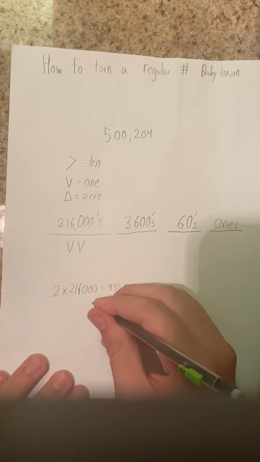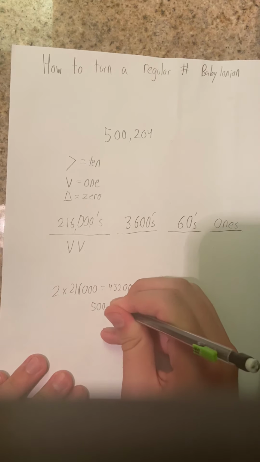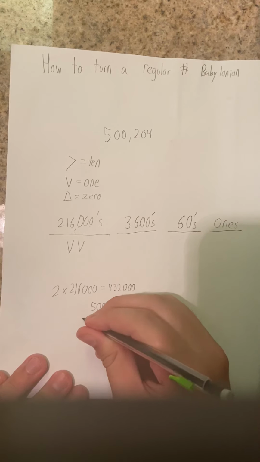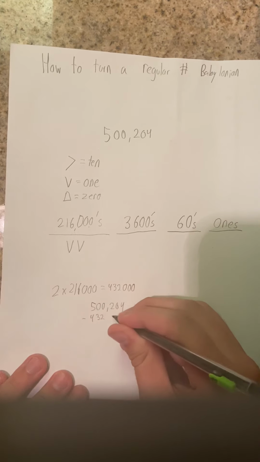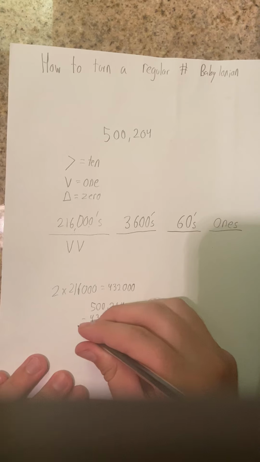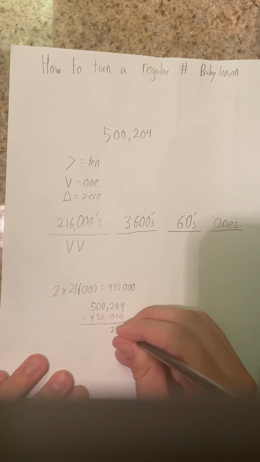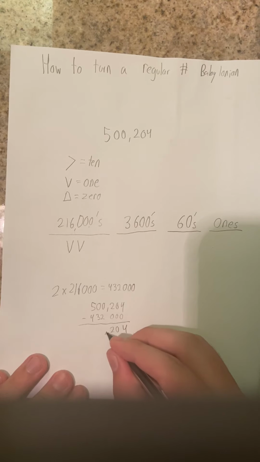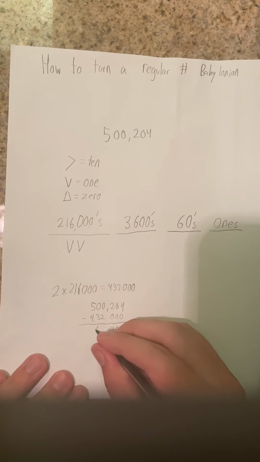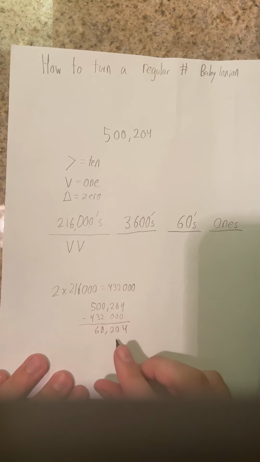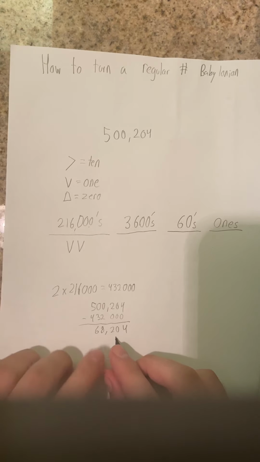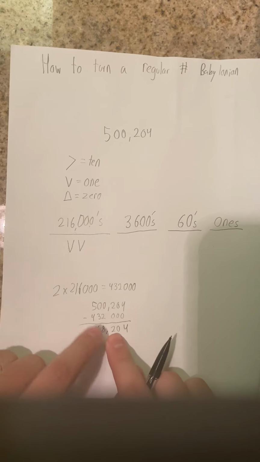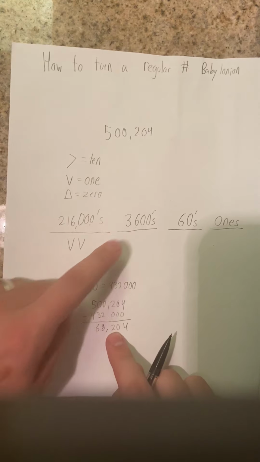So, if we do 500,204 minus 432,000, you get, let's see, 68,204.